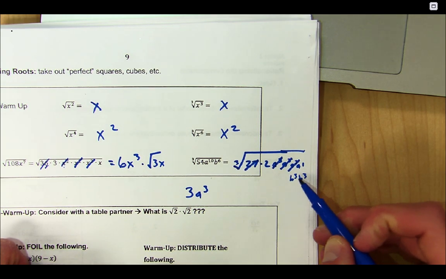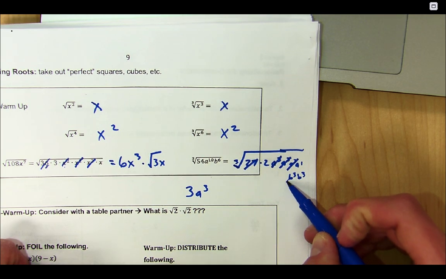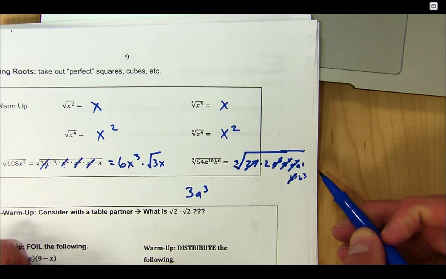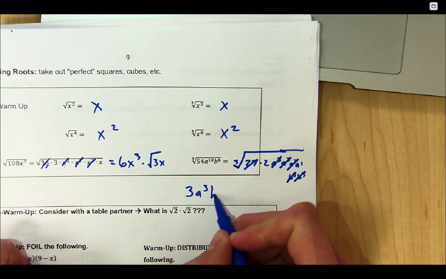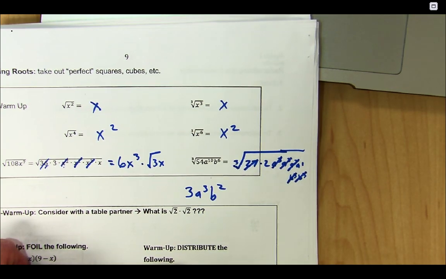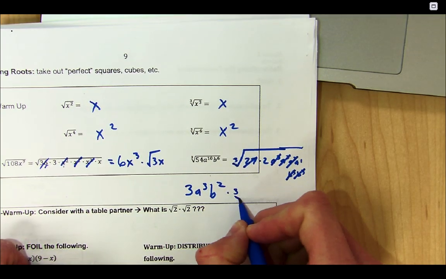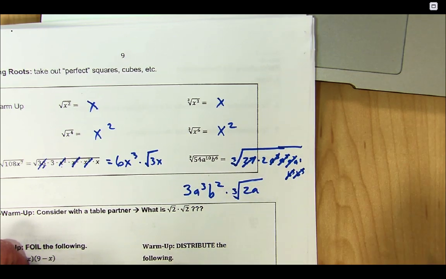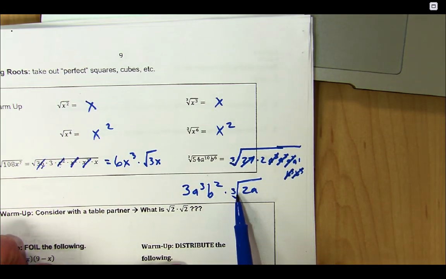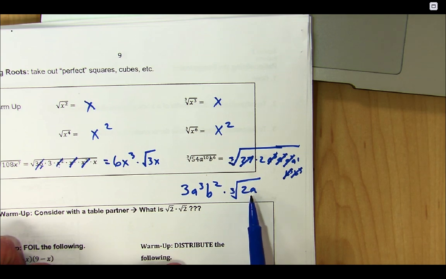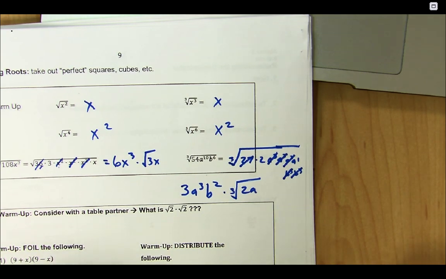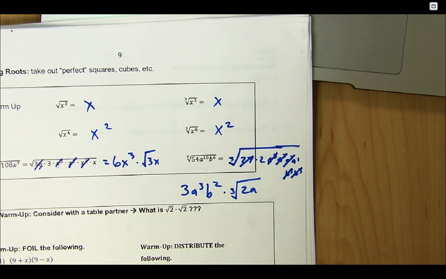Both of these are perfect cubes, so the cube root of b cubed would get me b. I do that again, so then I would have b squared. So what's still left needing to be cube rooted is the 2 and the a, so I will leave that alone. Okay. So just a reminder of what you've done in previous lessons.